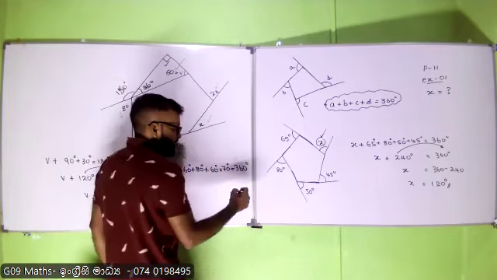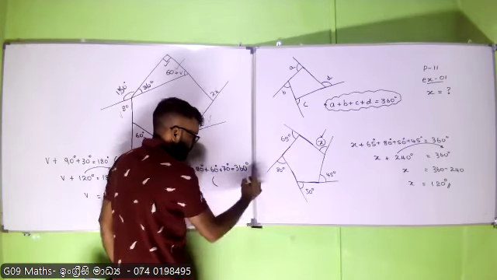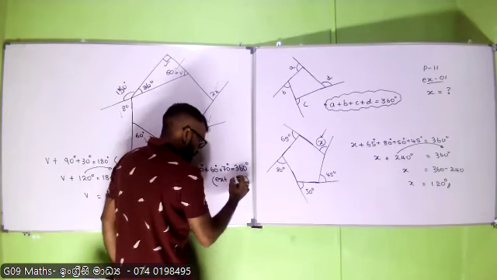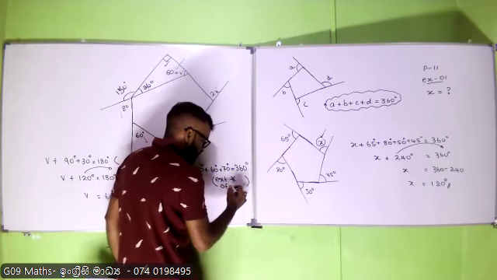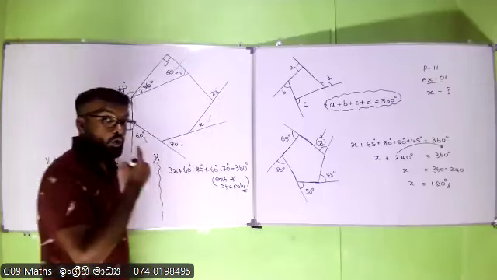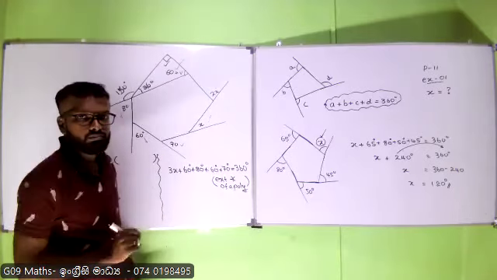It would be better if you write down the reason here in the method: exterior angles of a polygon. I'm not going to write all the things, so you can write exterior angles of a polygon.